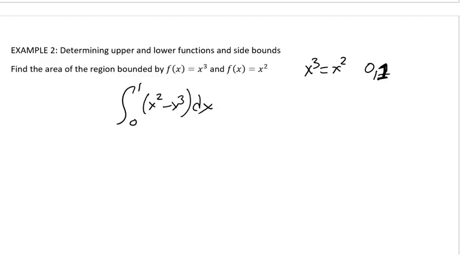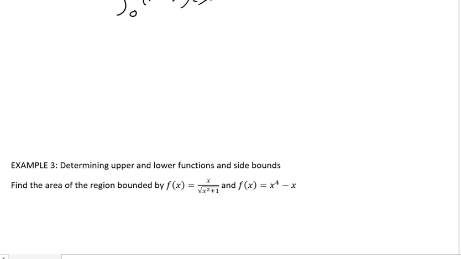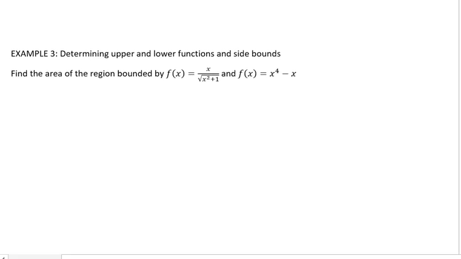All right, let's do it again. Now this time our functions are going to be a little more difficult. We're not going to be able to solve this. We can't set those equal and solve. We're going to have to use our calculator to find these intersection points. So let's put these in.